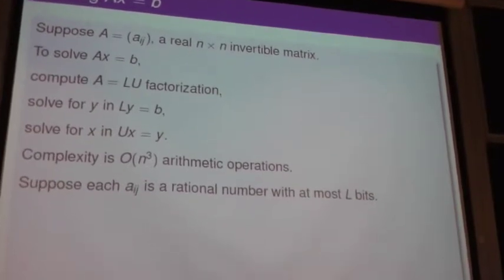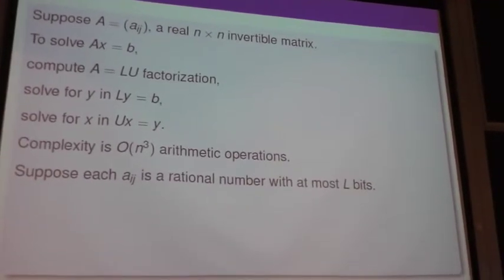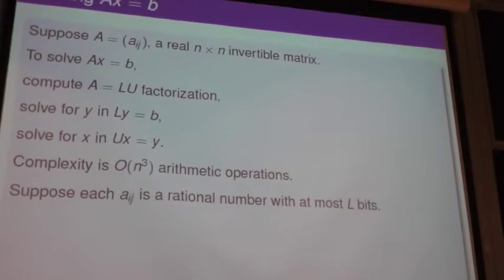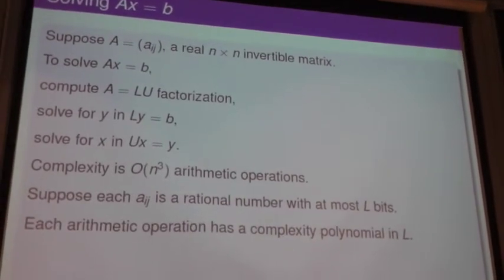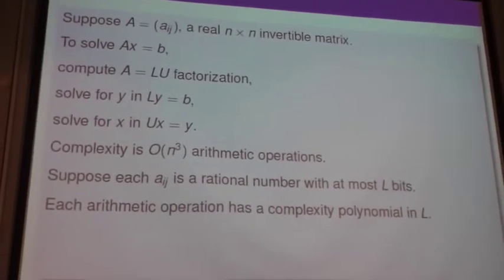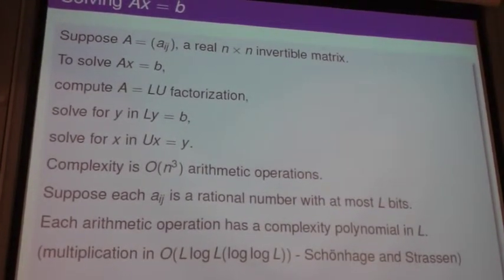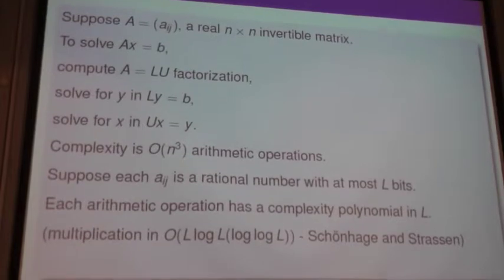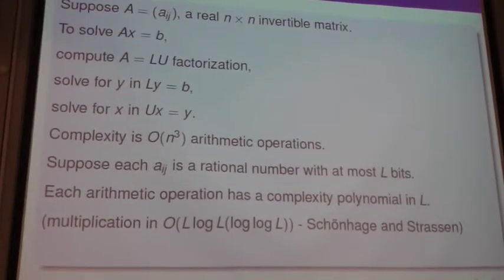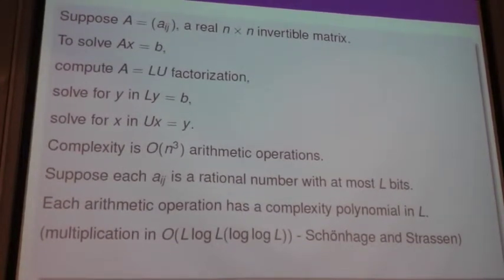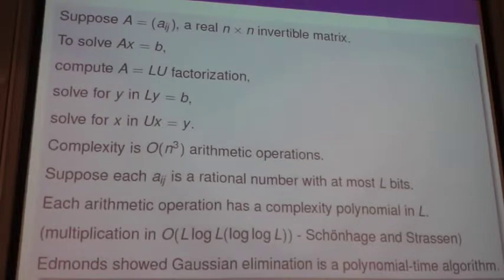Suppose that each a_ij is a rational number with at most L bits. Then each arithmetic operation has a complexity polynomial in L. For instance, multiplication can be done in O(L log L log log L), Schönhage–Strassen.